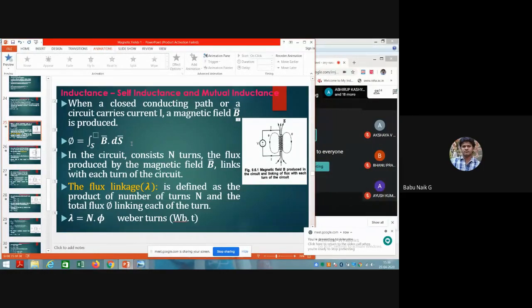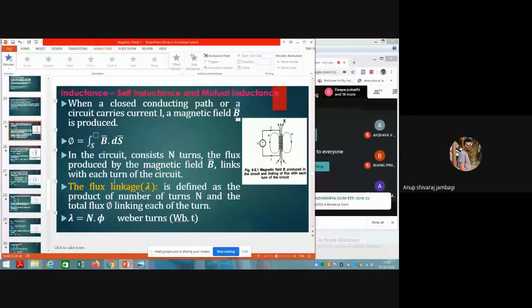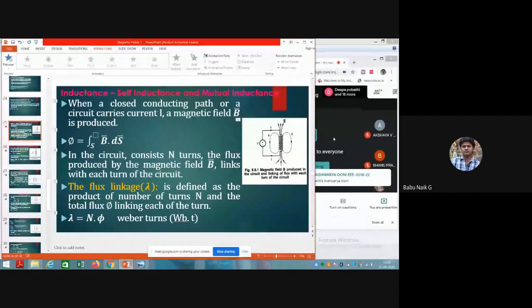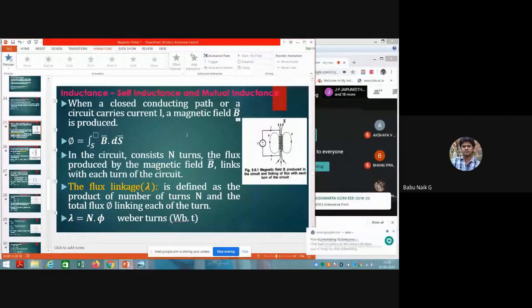You have already learned this in basic electronics or basic electrical subjects, so it is not that difficult. We are going to see the same formulas here, which deal completely with inductance. Yesterday we discussed self inductance and mutual inductance.